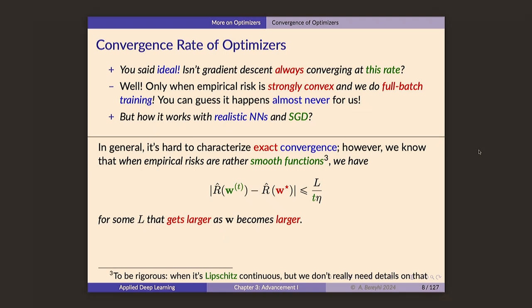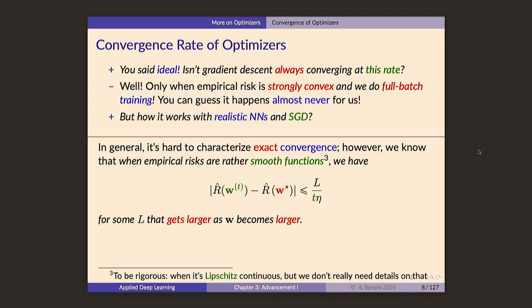So if this is the kind of function which we usually deal with, then we are going to have this guy. This is the order of the optimality gap. And this L here is the Lipschitz constant, and that L is somehow proportional to the dimension of your problem, meaning the number of weights that you have in your training problem. So the more weights you have, the larger L you would see.